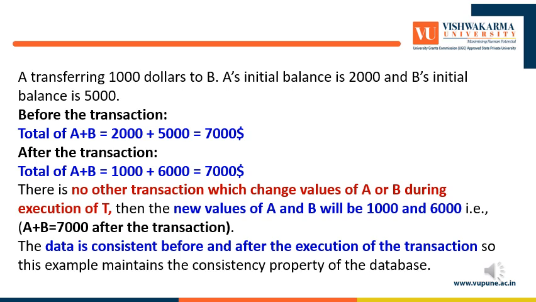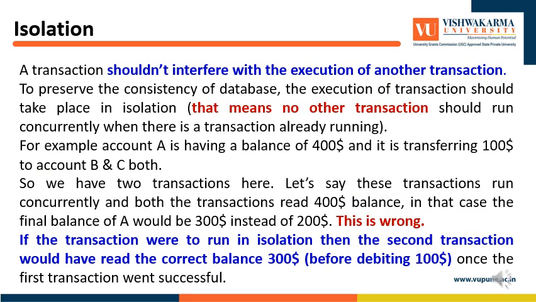There is no other transaction which changes the values of A and B during execution of T. Then the new values of A and B will be 1,000 and 6,000. That is, A plus B is equal to 7,000 after the transaction. The data is consistent before and after the execution of the transaction. So this example maintains the consistency property of the database.